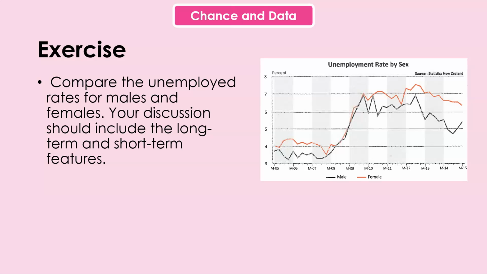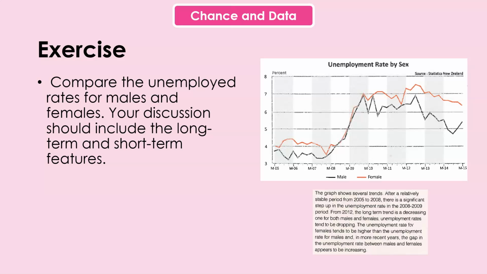Okay, how did you get on? So the key thing, the graph shows several trends after a relatively stable period between 2005 and 2008. Talking about this area, there is a significant step up in the unemployment rate. If we remember back to that time, that's roughly the same time as the global financial crisis, the GFC.